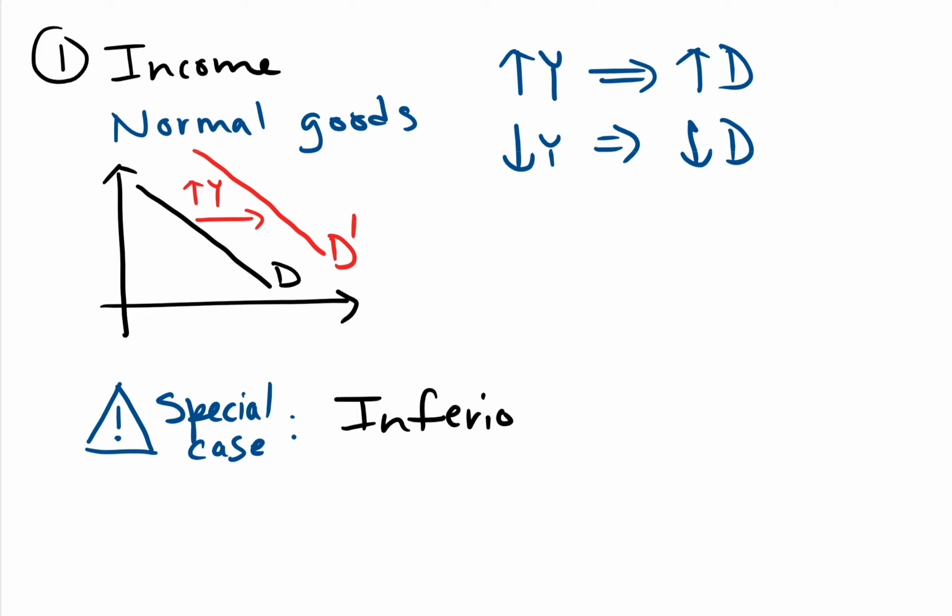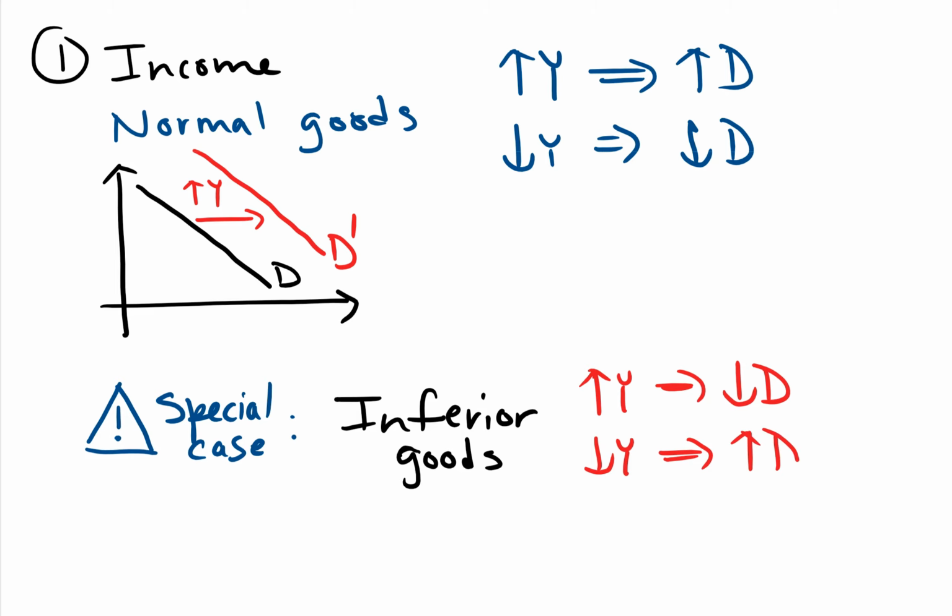Sometimes we have something called an inferior good, and inferior goods don't behave like normal goods. That's why they're a special case. So what happens to inferior goods? Your income goes up, and you buy less of them. Your demand goes down, the whole curve. And if your income goes down, you want to buy more of them. Well, that's pretty weird.